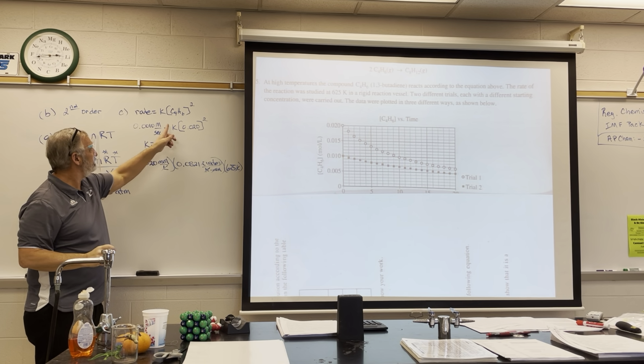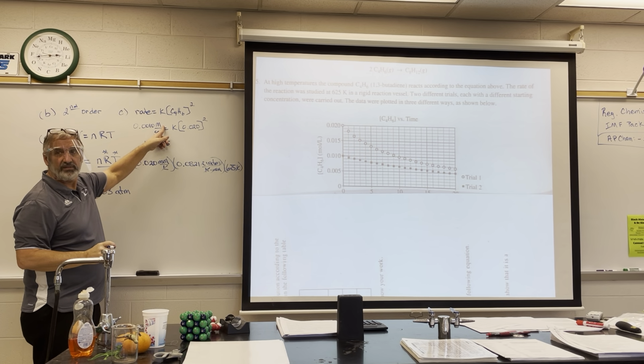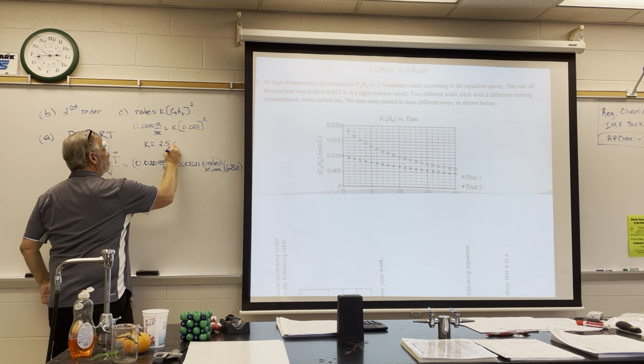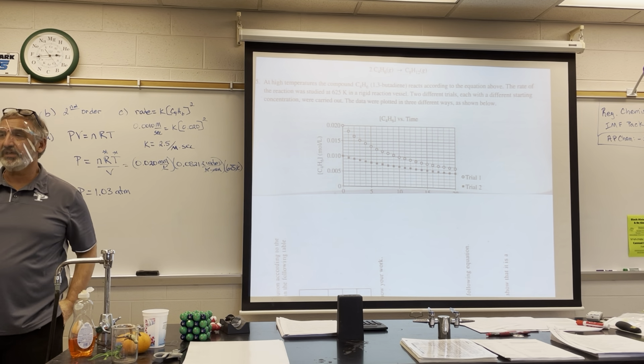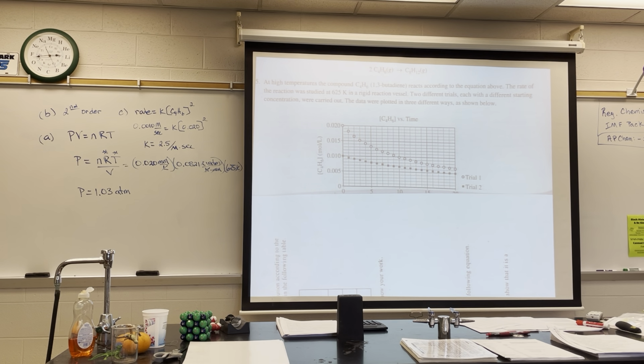Molarity squared, but one of them is going to cancel. So, 1 over molarity times seconds, or seconds times molarity, it doesn't matter, multiplication is commutative. Okay, very doable problems. Very, very doable.